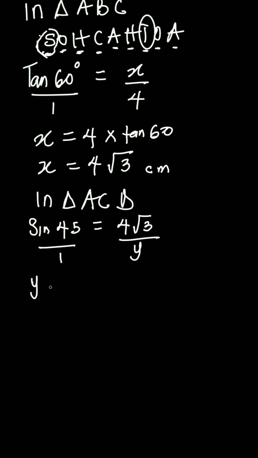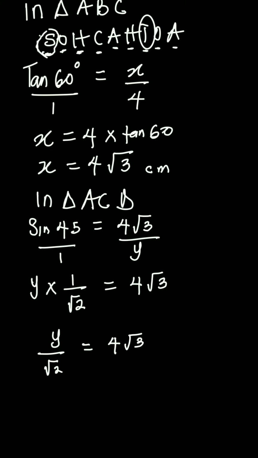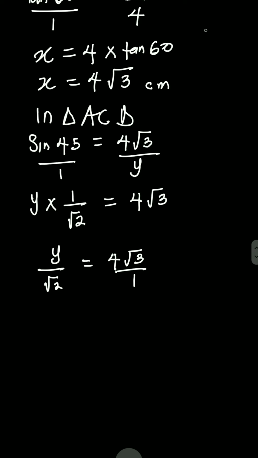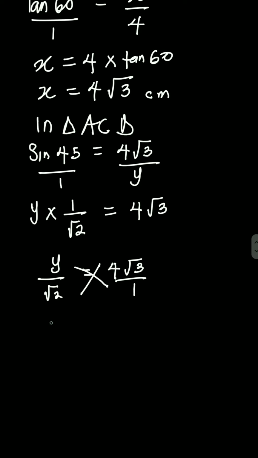Y times sine 45 degrees, which is 1 over root 2, equals 1 times 4 root 3. We still have 4 root 3. So this is y over root 2 equals 4 root 3 over 1. And so we have a simple fraction here. We can easily cross multiply this. So when we cross multiply this, y times 1, that is y, and root 2 times 4 root 3 is 4 root 6 centimeters, and that's the value of y.